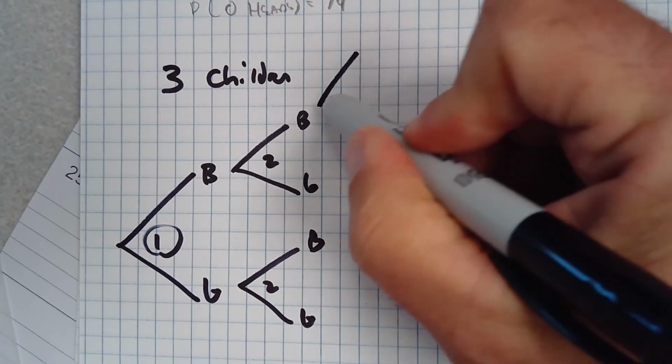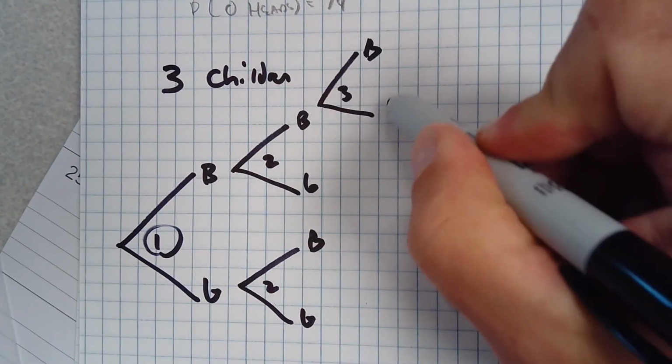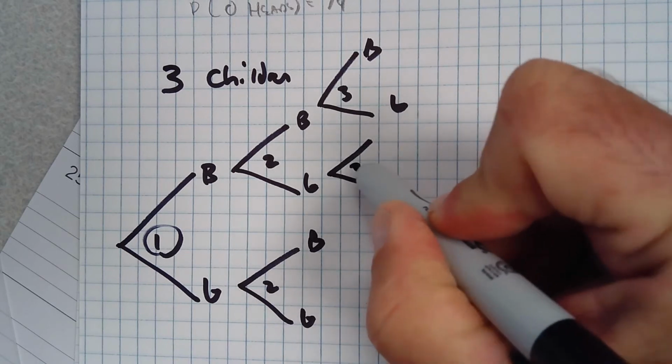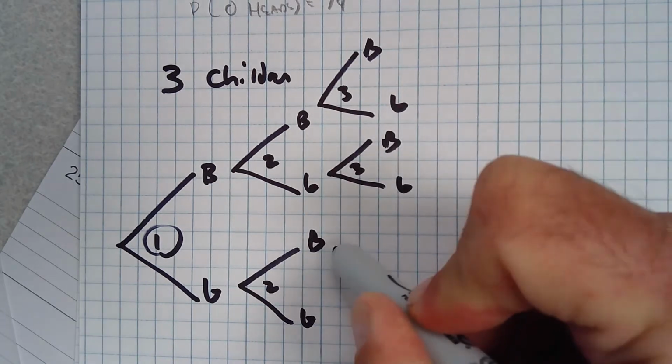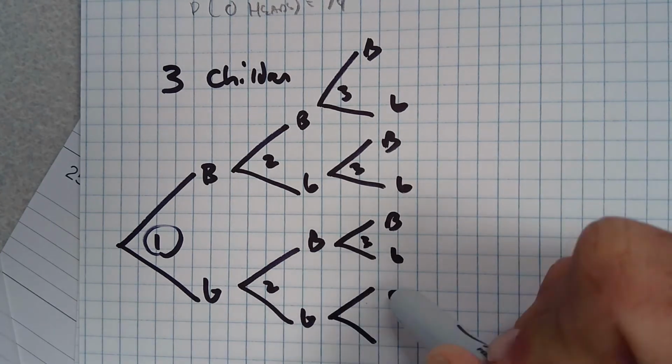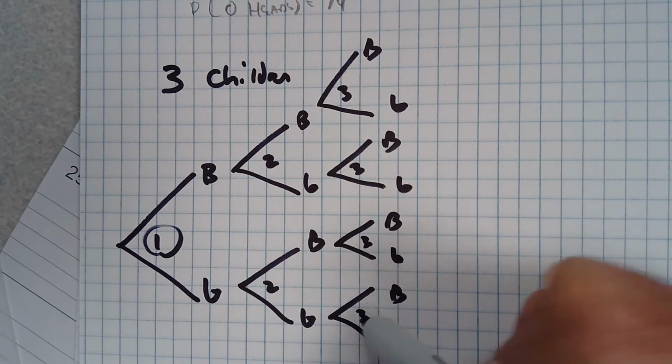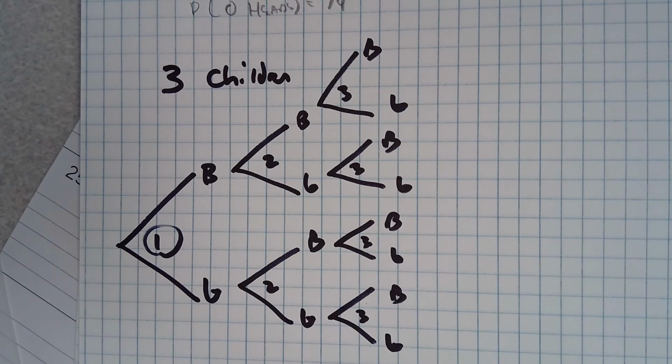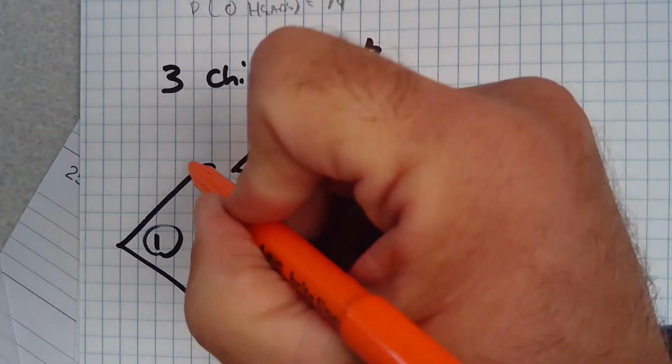And then if we branch off of these, because we're going to have a 3rd child, what we're going to see here is that instead of having 4 outcomes, now we're going to have 8 outcomes. And we want to do this systematically so that we don't forget any of the values here.